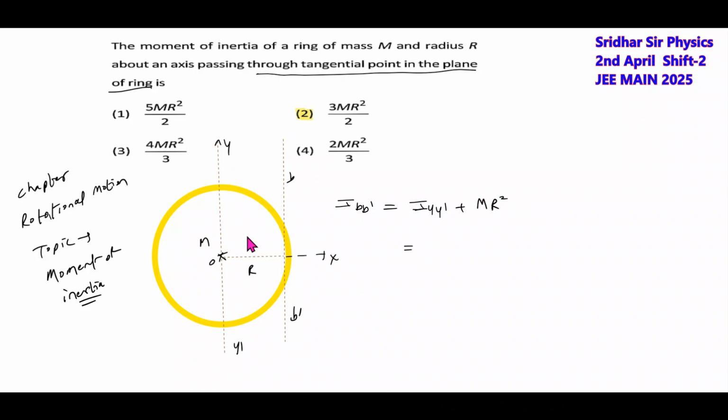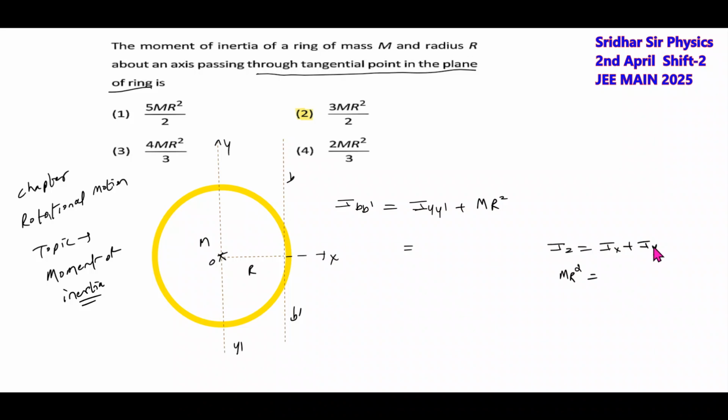So what is I_YY'? Again applying the perpendicular axis theorem, I_Z equals I_X plus I_Y. We know I_Z is mr square. What do you mean by I_Z? Moment of inertia of the ring about an axis passing through the center and perpendicular to its plane. It should be equal to mr square.